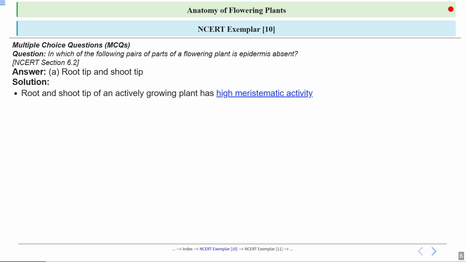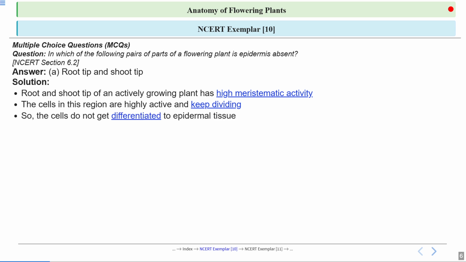Root and shoot tip of an actively growing plant have meristematic activity, right? That is the tip region where the meristematic cells are highly active. They are continuously in a division phase. So that shows the high meristematic activity at these points. The cells in this region are highly active and keep on dividing, right?